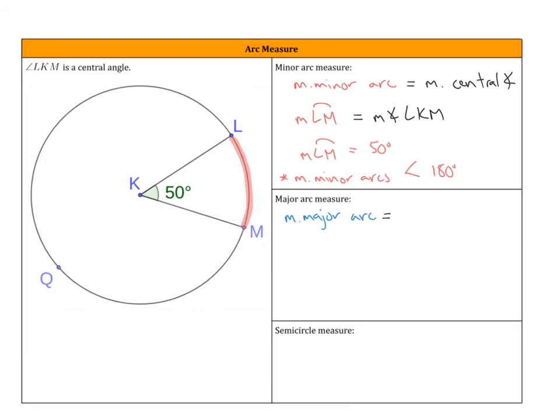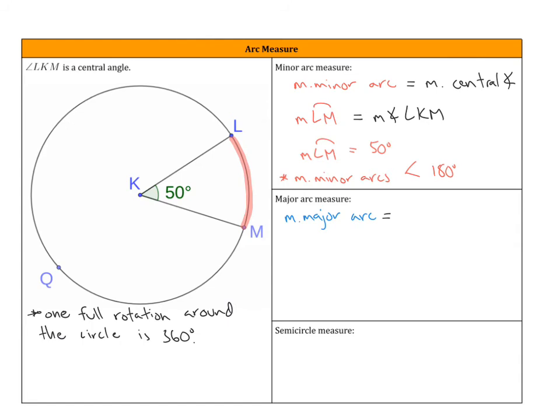So let's make a note of that. One full rotation around the circle is 360 degrees.